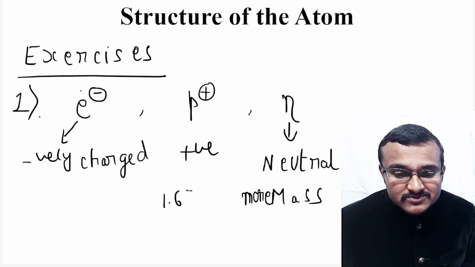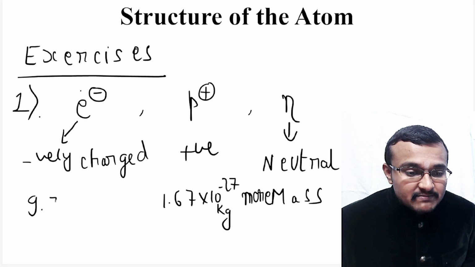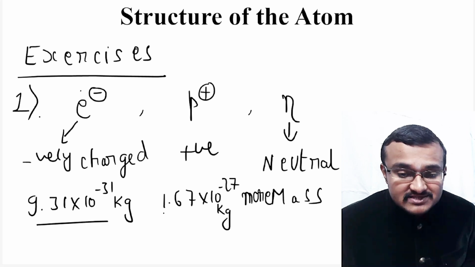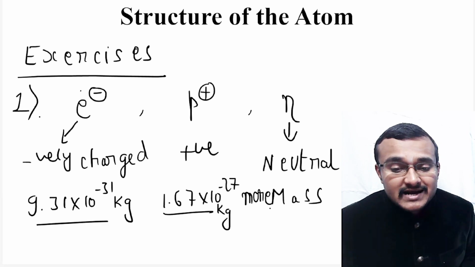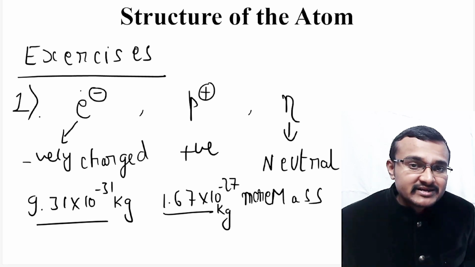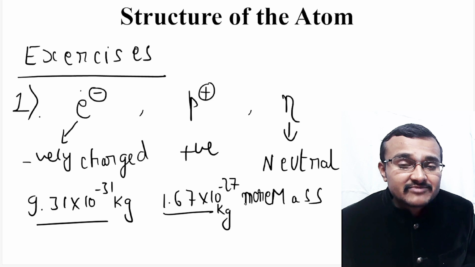The mass of proton is 1.67 into 10 power minus 27 kg. Similarly, the mass of electron is 9.31 into 10 power minus 31 kg. And the neutron mass is slightly greater than this 1.67 into 10 power minus 27 kg, which is almost comparable with the mass of proton.